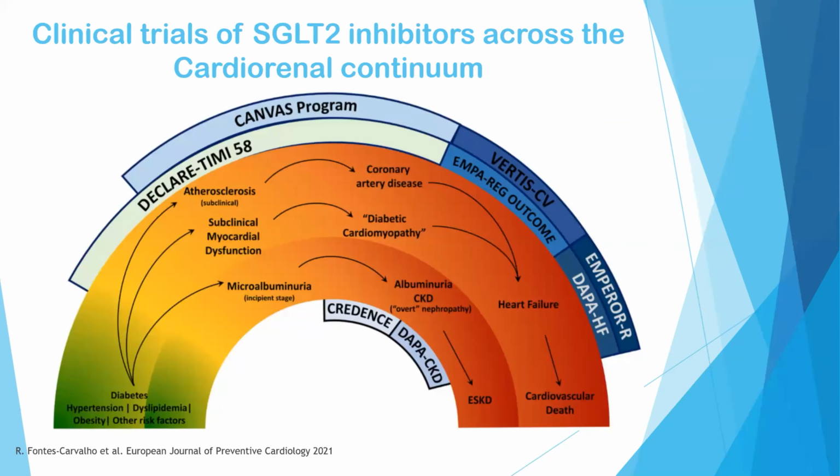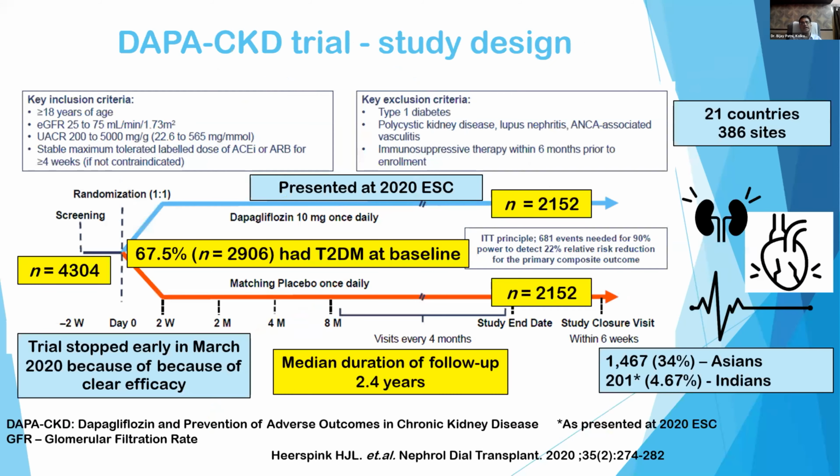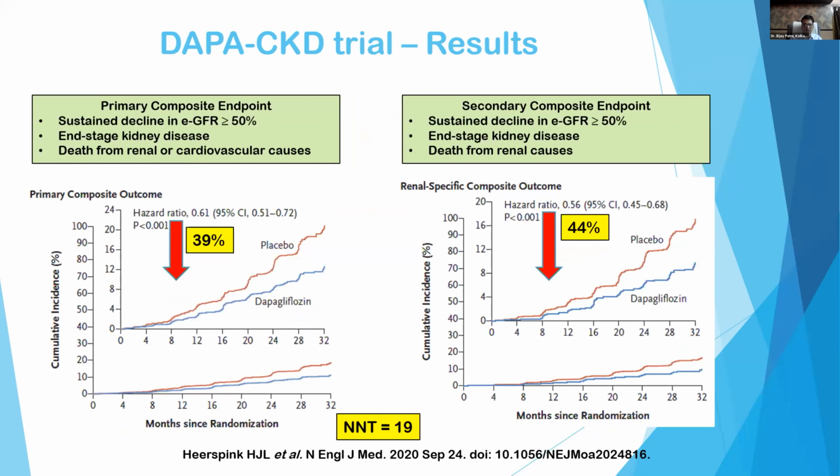And it showed that for the primary composite endpoint, there was a huge reduction of 39%. But if you go to the renal specific composite outcome, the reduction was much more, to the tune of 44%. That is sustained decline in eGFR, end-stage renal disease, or death from renal cause. So a clear-cut winner as far as the renal trials are concerned.